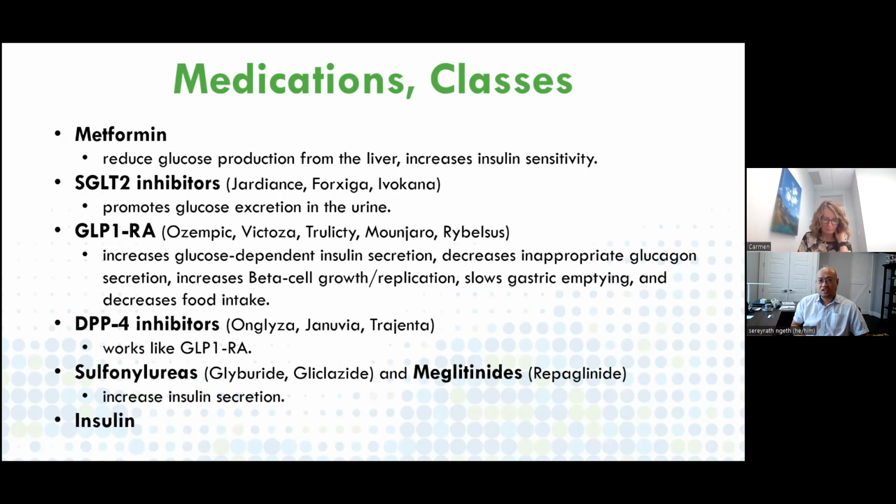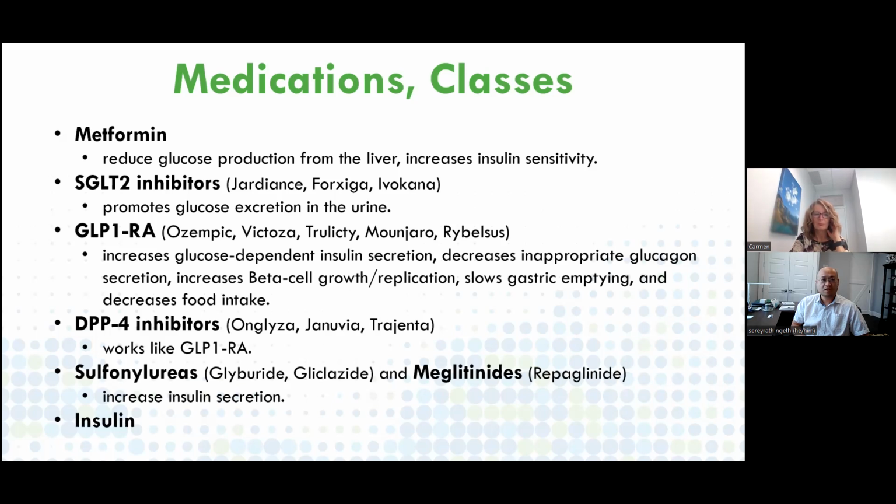Another class is GLP-1 receptor agonists. Some individuals may recognize some of the names here, Ozempic being very common and popular now. Victoza, Trulicity, Mounjaro is very new in Canada, and Rybelsus is an oral form of Ozempic. The first four are injectables, and again, Rybelsus is an oral form.